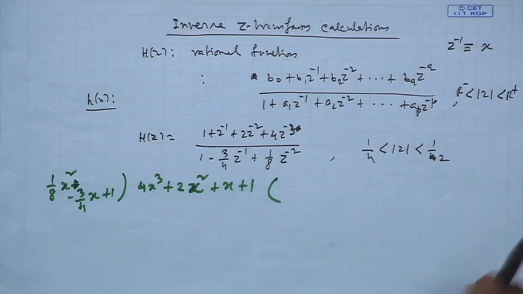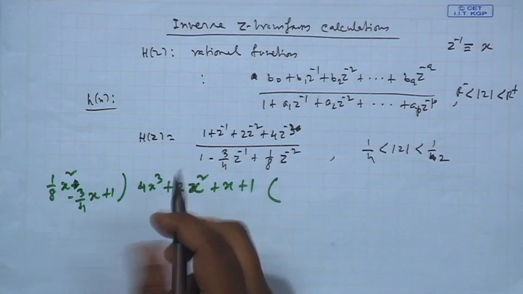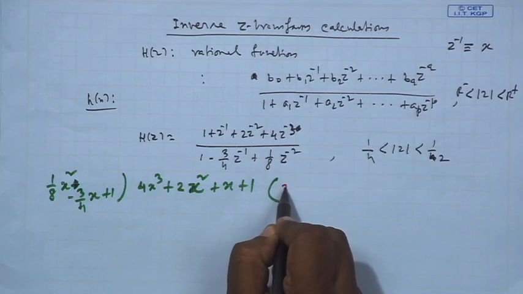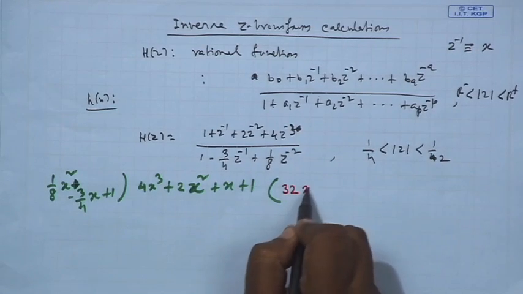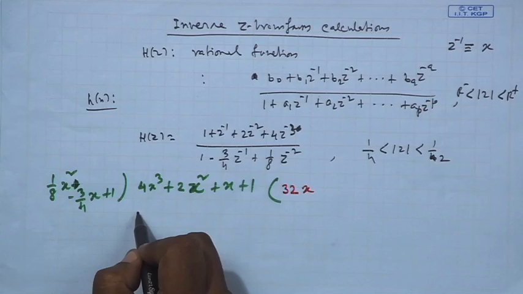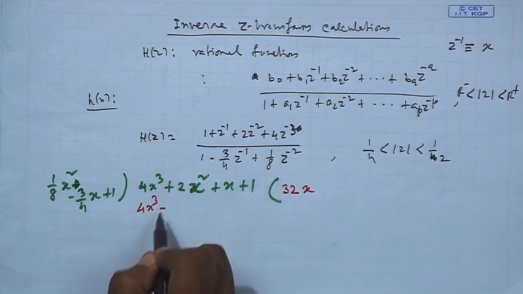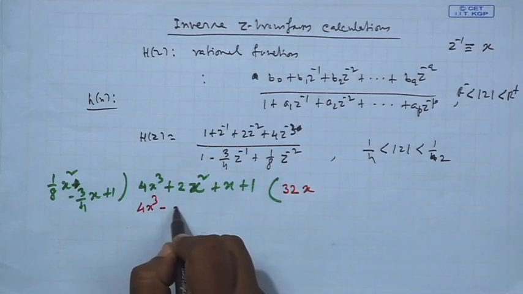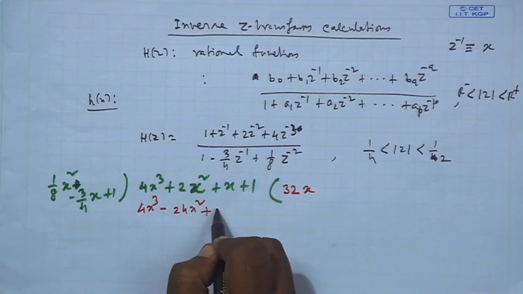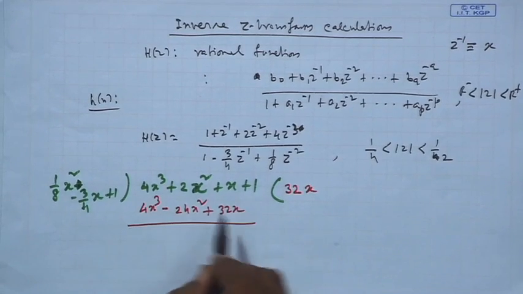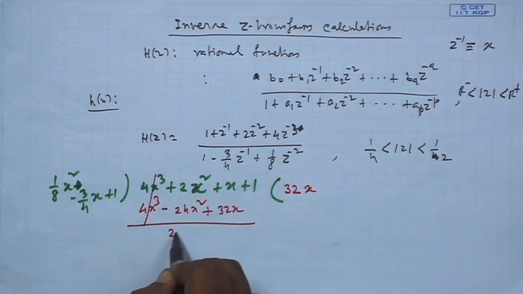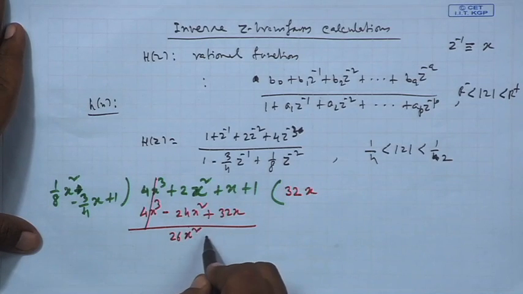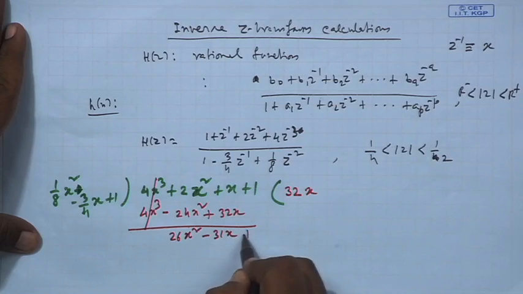All right, if I divide, what will I get? You have to multiply by how much? 32x. 32x means it will be your 4x cube minus 24x square plus 32x. This cancels, this is 26x square minus 31x and plus 1.